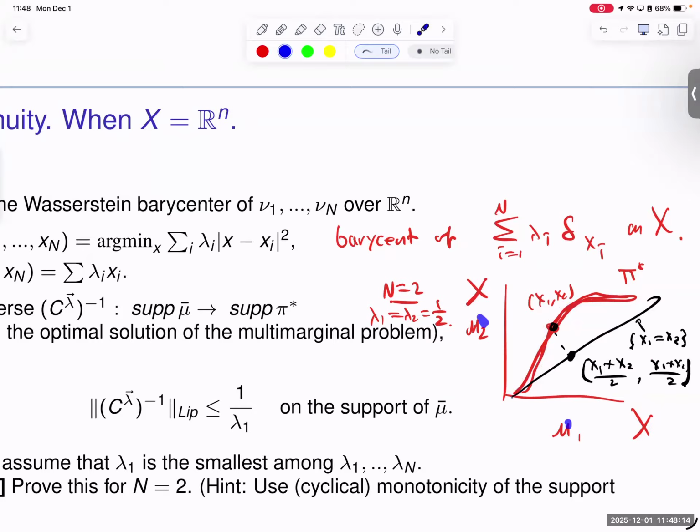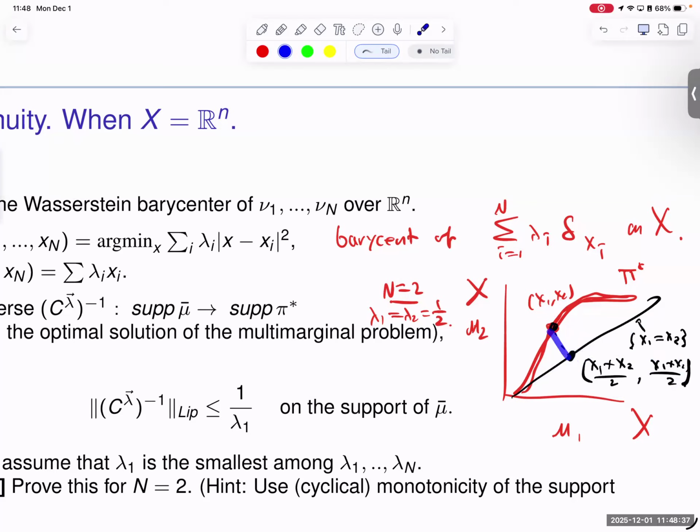Then the transport plan between these measures, which is a probability measure on the product space, you just project to this diagonal by sending each point to the barycenter of the combination.